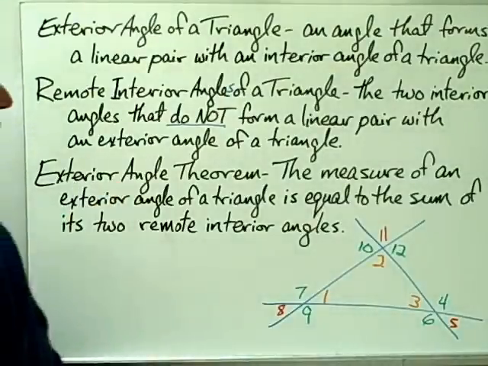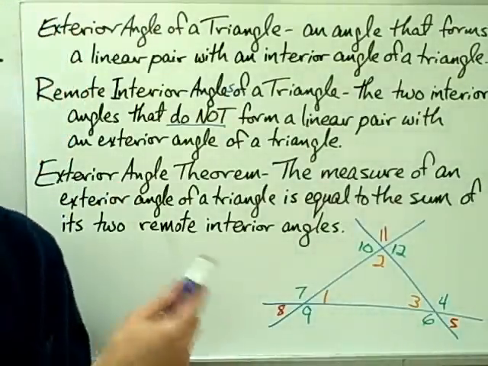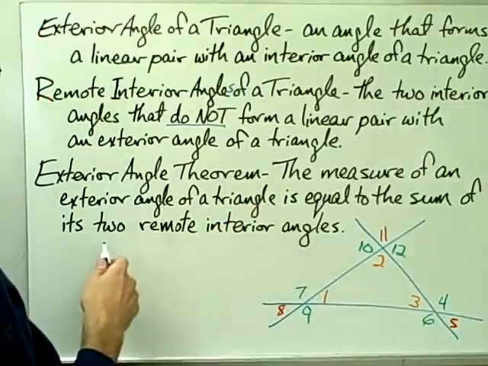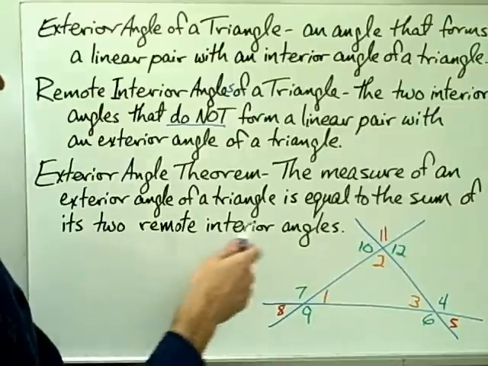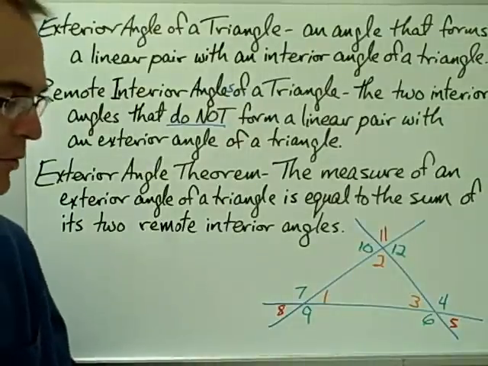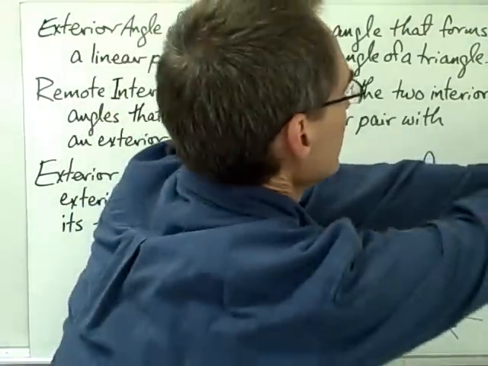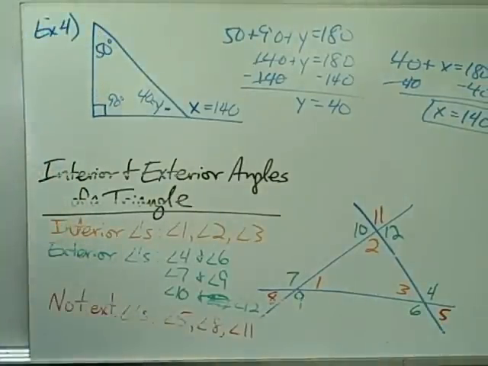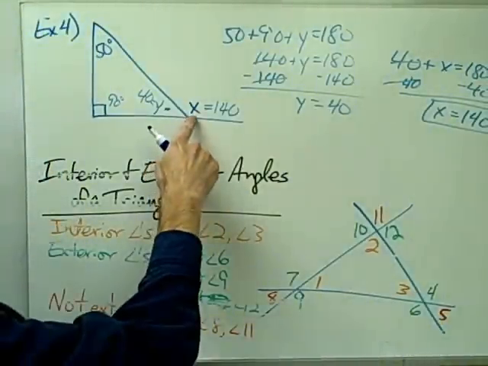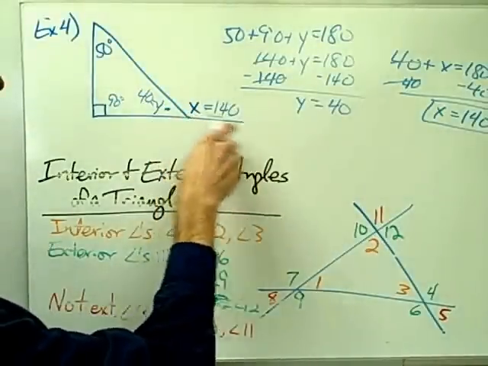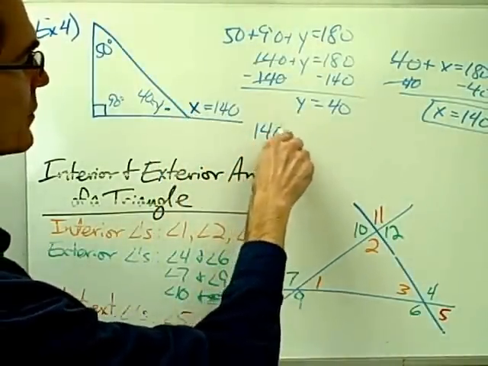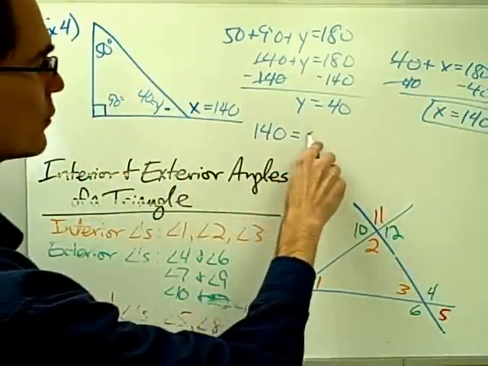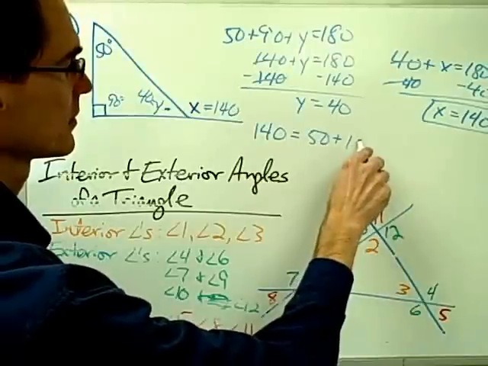Now, the exterior angle theorem, that was actually one that we kind of saw in the previous example. The exterior angle theorem says that the measure of an exterior angle of a triangle is equal to the sum of its two remote interior angles. And in fact, if you look back at example number 4 that we just did, notice that when we got our answer for this exterior angle, which is 140, that 140 is equal to the sum of the two remote interior angles.